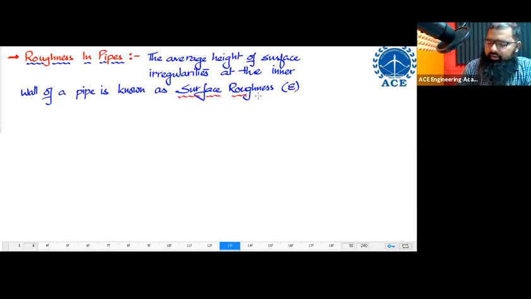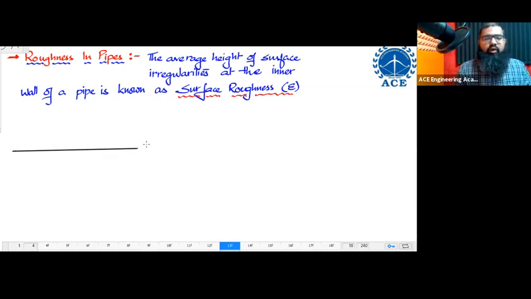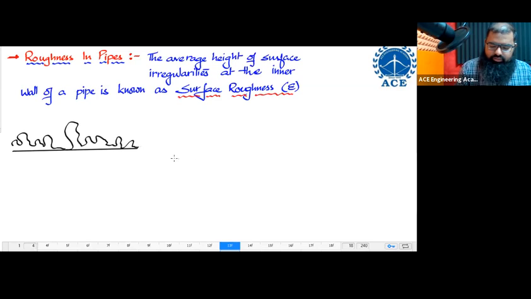What do we mean by this? Let us draw a diagram to understand this. Imagine you have a pipe's wall. Let us say this is the outer wall, and the inner wall has some irregularities over here.